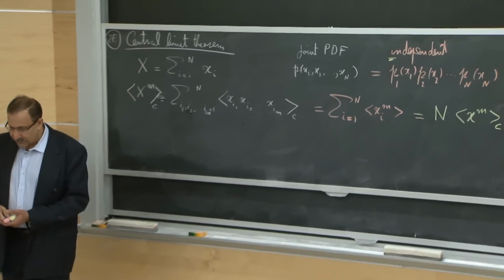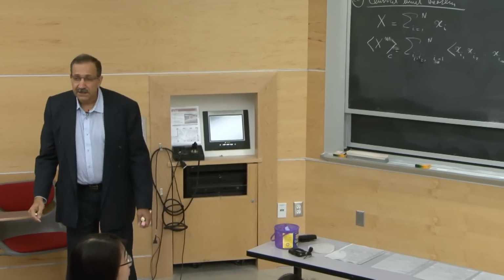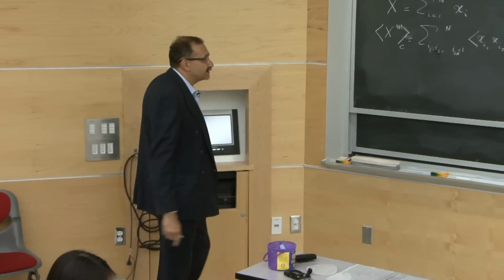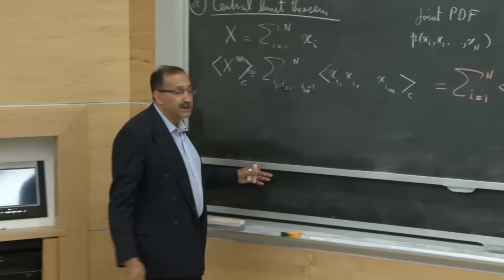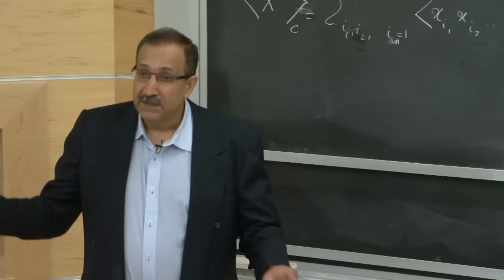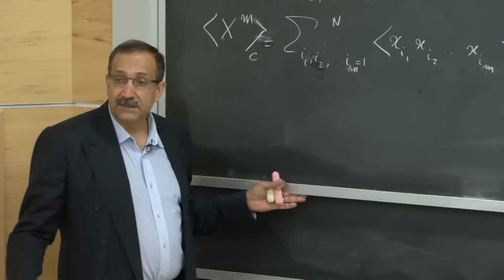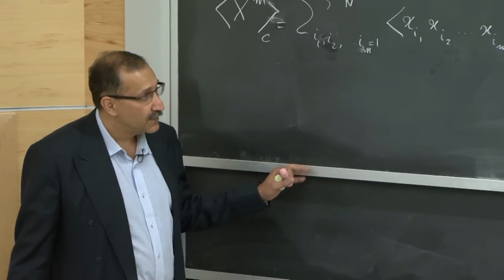Some version of this we already saw for the binomial distribution, in which the same coin was thrown n independent times, and all of the cumulants for the sum of the number of heads were related to the cumulants in one trial that you would get heads. Okay? So fine, nothing so far here.